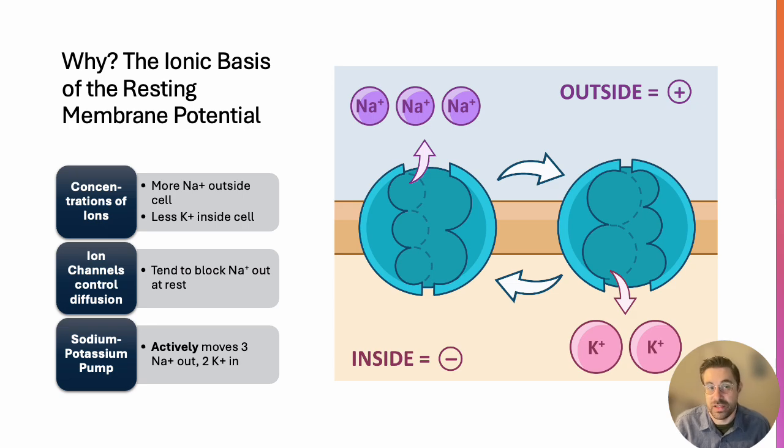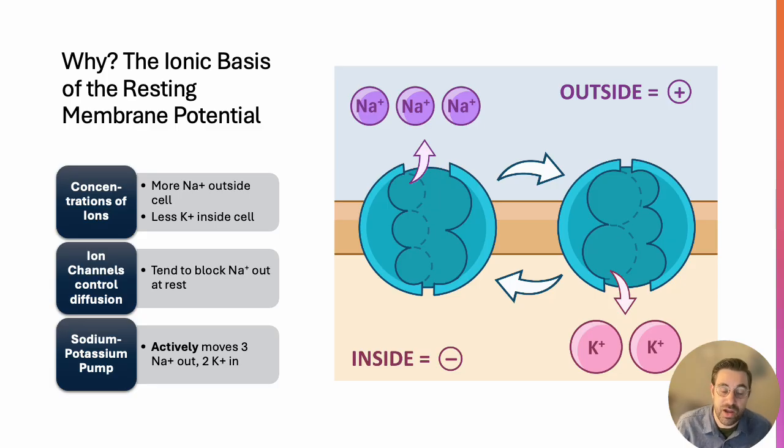And normally, what you would expect is if there's a bunch of sodium on the outside, it would just diffuse right on inside to balance out. That's kind of how chemistry works, right? But it can't. Under normal circumstances, there are these things called ion channels that control that diffusion in your neurons.